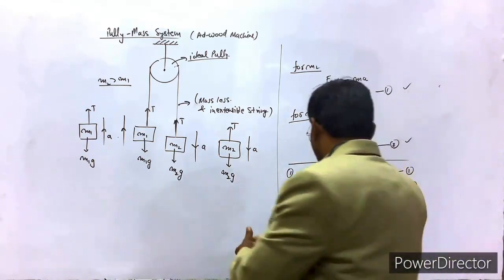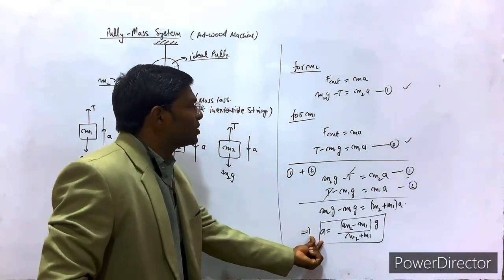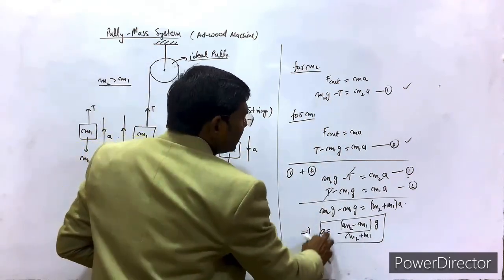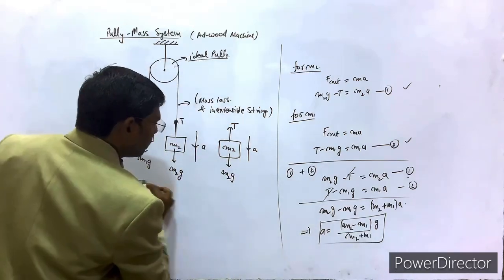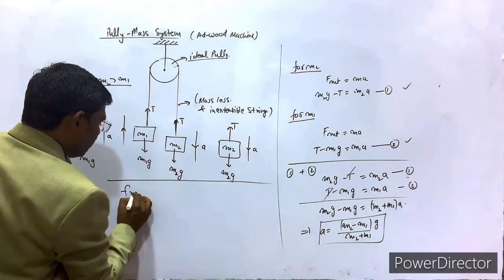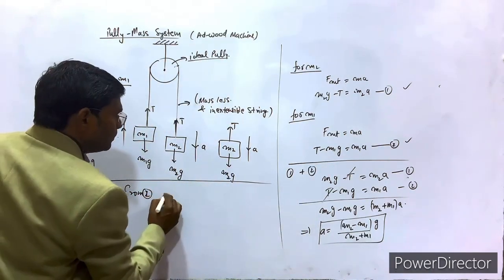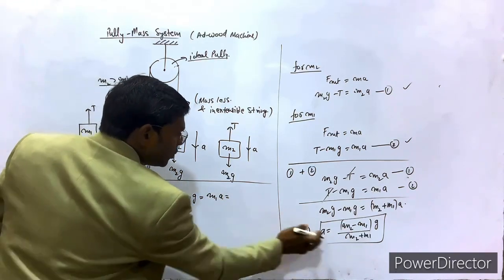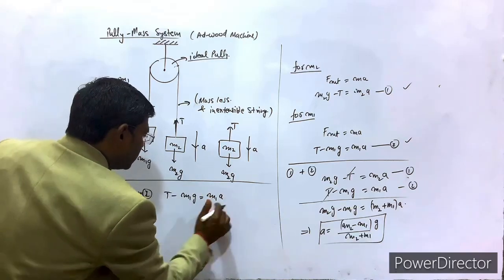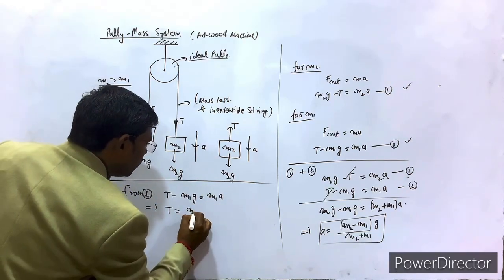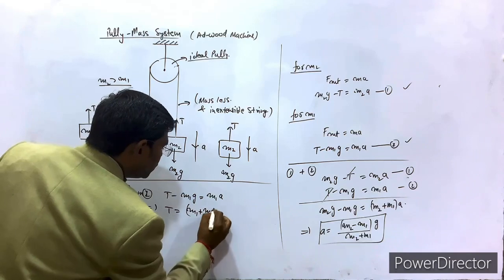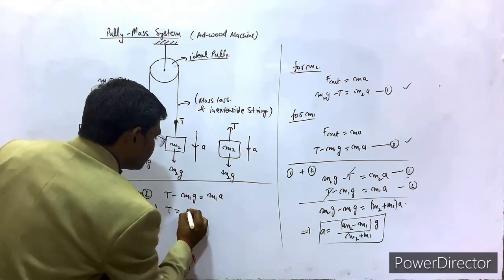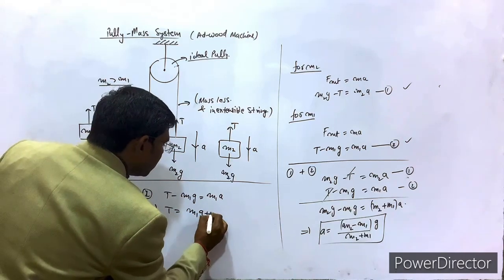If you know the acceleration, then using either equation you can find the tension T. I'm using equation number 2. From equation number 2, T minus M1G is equal to M1A, so T is equal to M1G plus M1A.